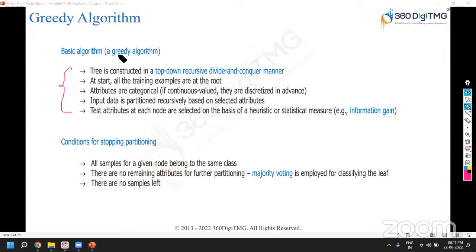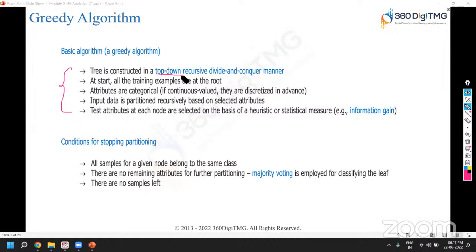It's a very simple approach. We keep constructing the decision tree. We grow the decision tree by splitting the data into branches. The tree is constructed in a top-down recursive divide and conquer manner.